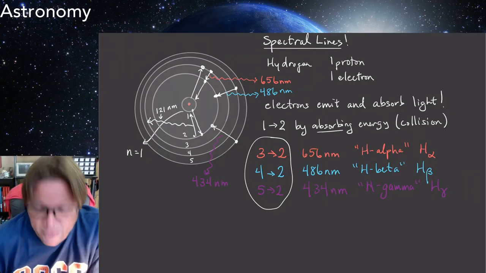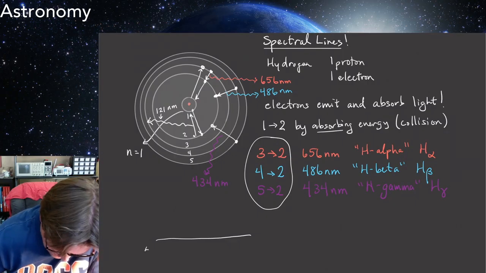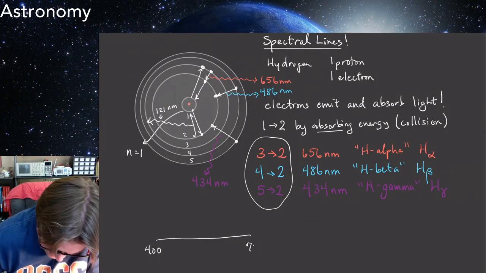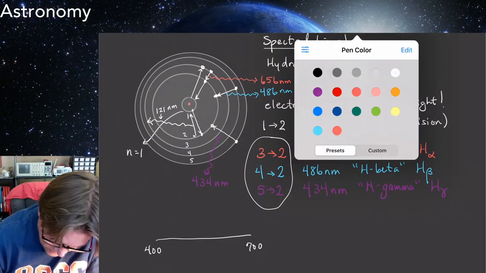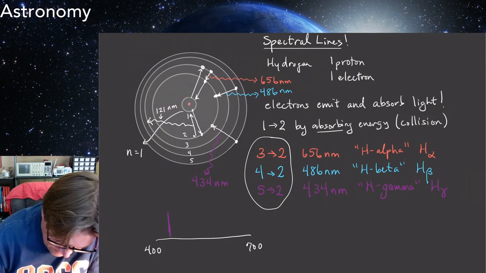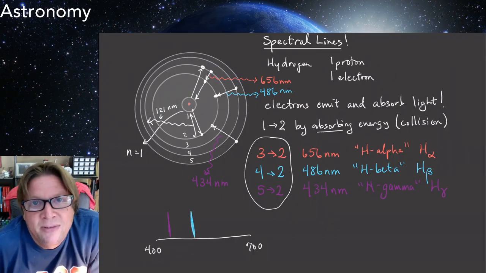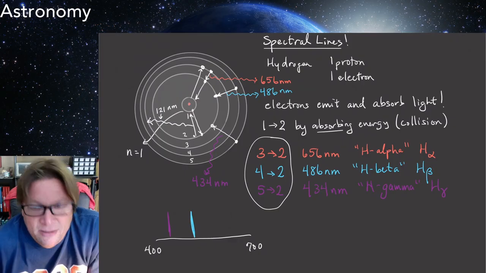If you go look at hydrogen in the lab, what you'll see, running from 400 nanometers to 700 nanometers, is a violet line at about 434, and then at 486 a bluish green line, H beta.